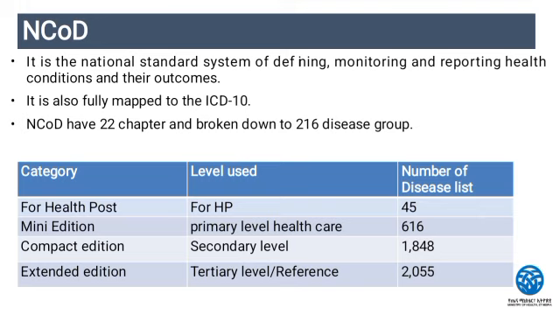Compact edition: level used is secondary level, number of disease list 1848. Extended edition: level used is tertiary level or reference, number of disease list 2055. Thank you.